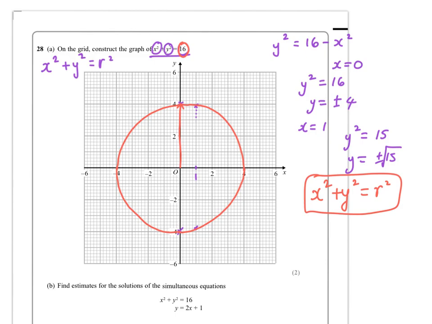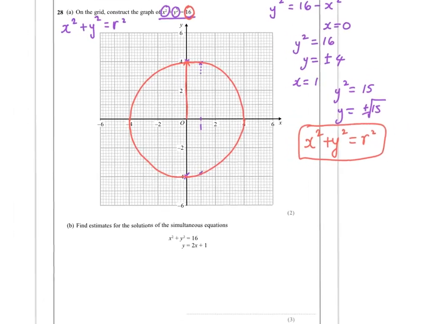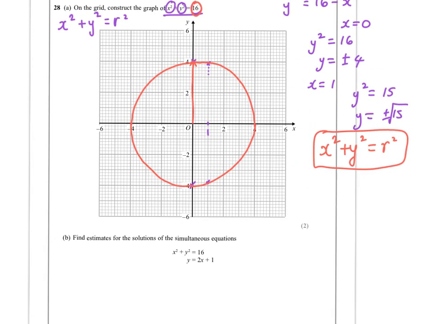So that's that part done, and then now we've got to find estimates for the solutions of the simultaneous equations. Well, if we have to look at the line y equals 2x plus 1, then it has an intercept of 1, which is here, and a gradient of 2.